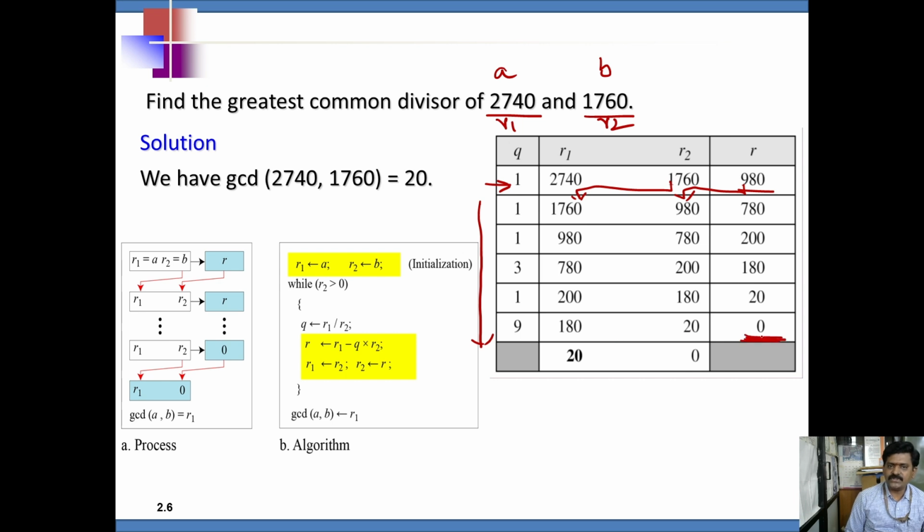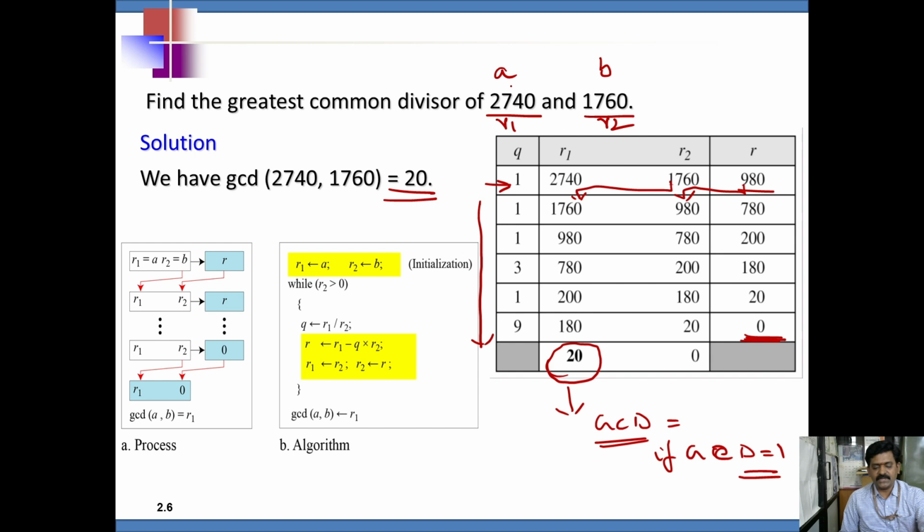Once the remainder is 0, we take the corresponding R1 value as the GCD. So the GCD of these two numbers is 20. This is how we check the GCD value, and we are actually looking for GCD value 1. If the GCD is 1, then we say that these two numbers are relatively prime.